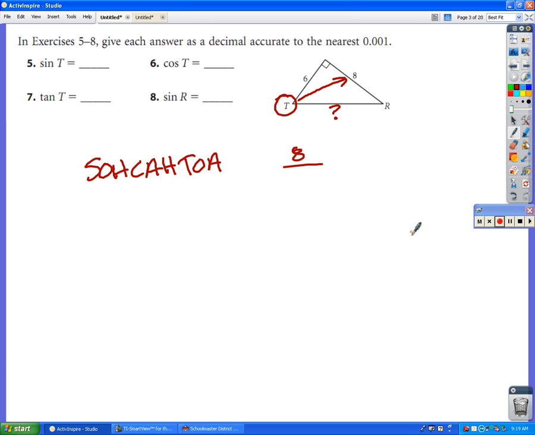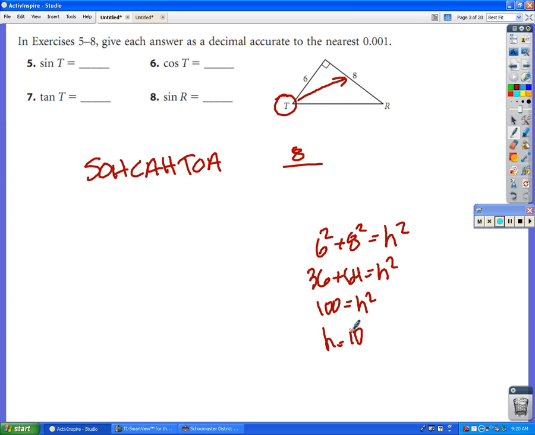Right, we have to do the Pythagorean theorem to figure this out. So 6 squared plus 8 squared equals the hypotenuse squared. 6 squared is 36. 8 squared is 64. 36 plus 64 is 100. So if h squared equals 100, then h must equal 10.